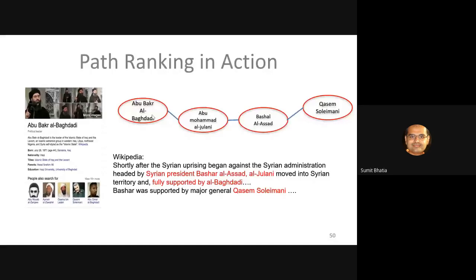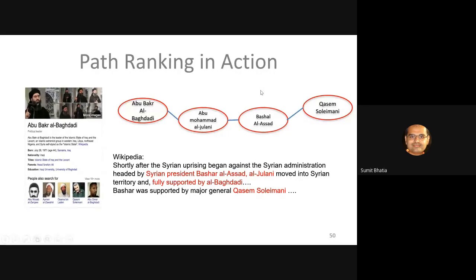So we found that the path consists of these entities, Abu Muhammad al-Julani and Bashar al-Assad. Then we went back and checked, okay, what does this mean? If you read the paragraph that offers this explanation: shortly after the Syrian uprising began against the administration headed by Syria's President Bashar al-Assad, al-Julani moved into Syrian territory, fully supported by al-Baghdadi. Bashar was supported by Major General Qasim.